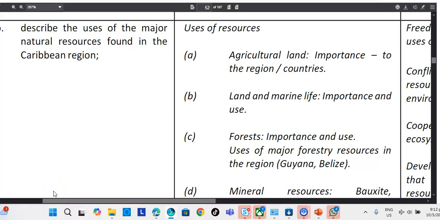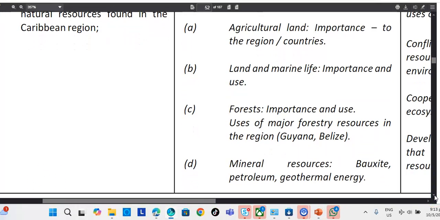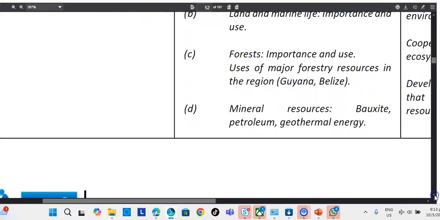We use land for marine life. We use the forests, and there are various functions of the forest for resources. The forest is used to provide lumber, mineral resources, bauxite, petroleum. We use those to make things for export.